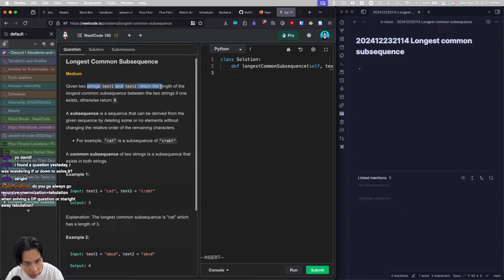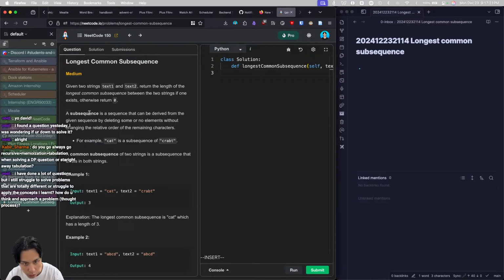Given 2 strings, text1 and text2, return the length of the longest common subsequence between the 2 strings if one exists. Otherwise, return 0. A subsequence is a sequence that can be derived from the given sequence by deleting some or no elements without changing the relative order of the remaining characters. For example, cat is a subsequence of crabbed. A common subsequence of two strings is a subsequence that exists in both strings.